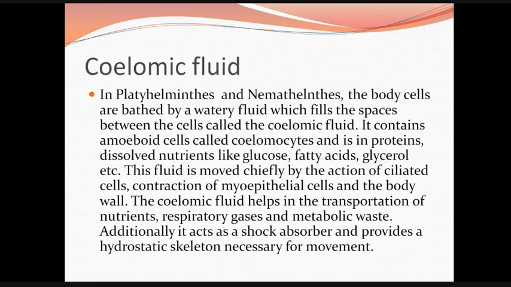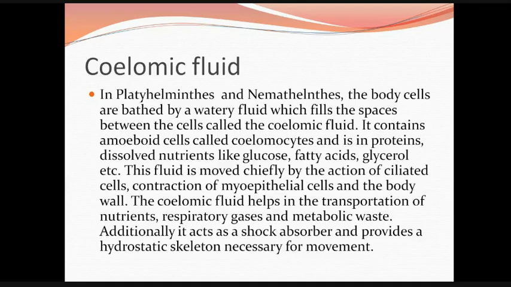The second thing you have learned about is the coelomic fluid. This coelomic fluid is present in animals which have an open circulatory system. Whatever small blood vessels open circulatory system organisms have, they empty their fluid out, and this fluid helps in movement, and it has amoeboid cells.